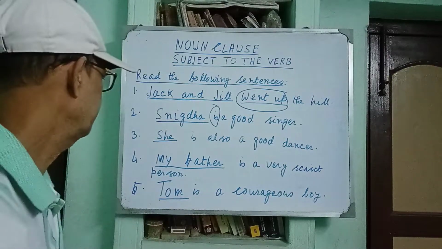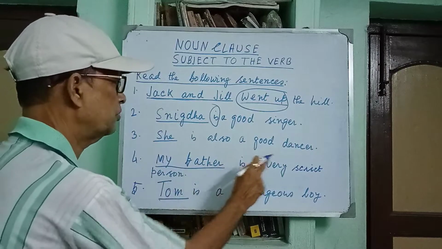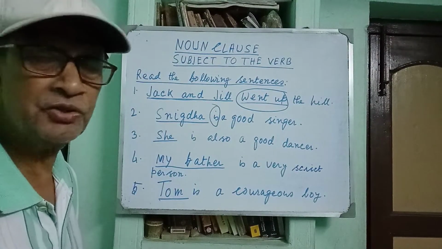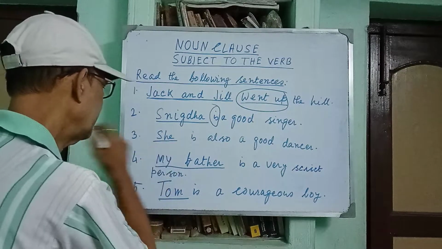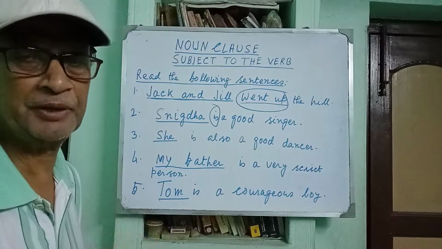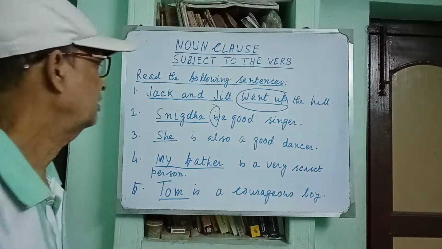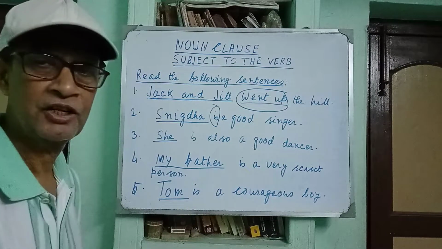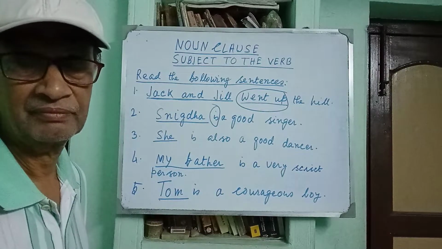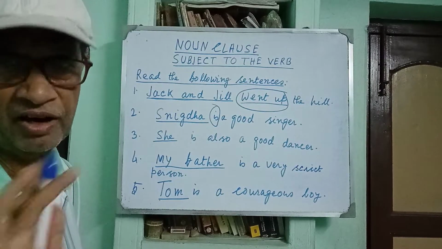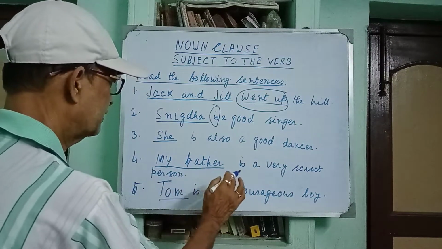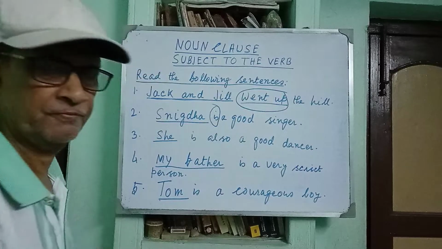Third sentence. She is also a good dancer. You see that she is pronoun because she has been used for Snigdha. So a pronoun can also be the subject to the verb. My father is a very strict person.